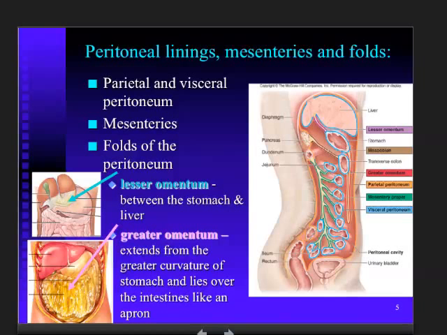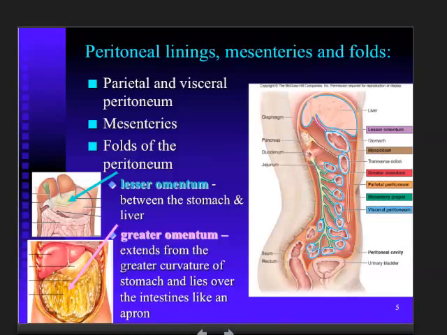Do you know what that is when I say the lesser curvature? You think about what the stomach looks like, right? This is the lesser curvature, and this is the greater curvature, right? And so the lesser curvature is attached to the liver by the lesser omentum, all right?